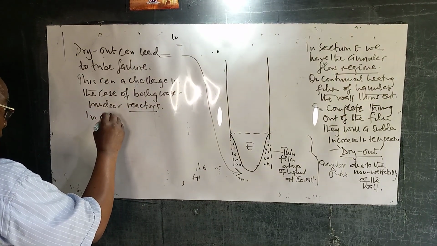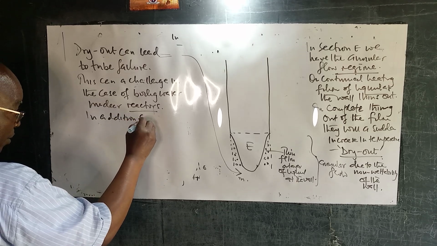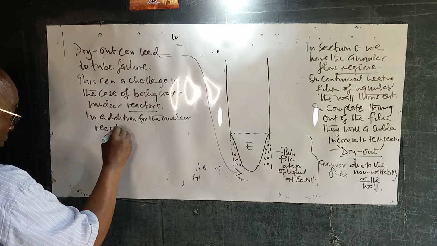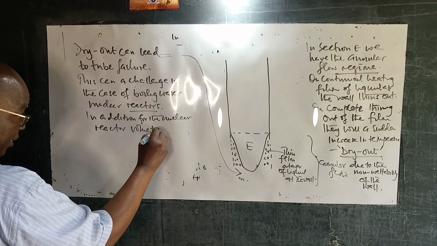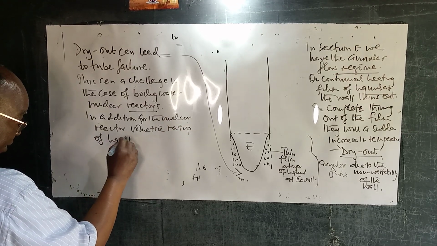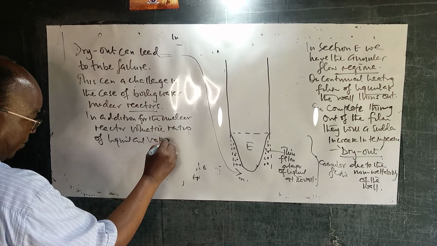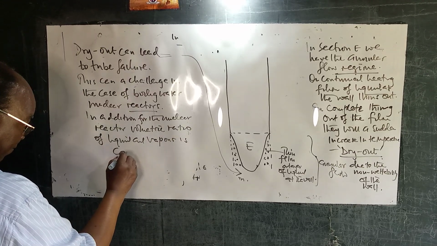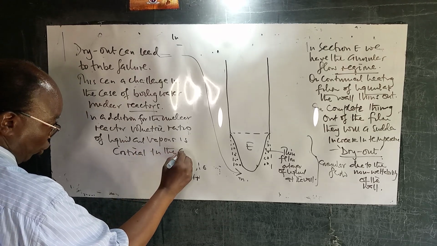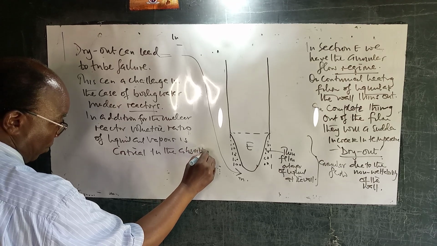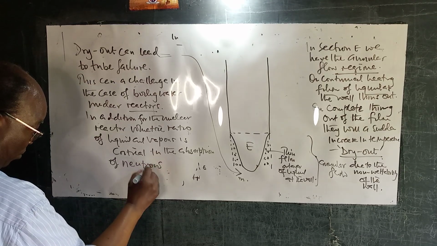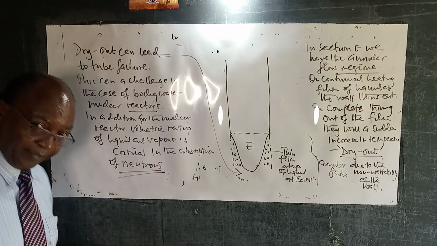In addition, for the nuclear reactor, the volumetric ratio of liquid and vapor is critical in the absorption of neutrons. The absorption of neutrons. It's very critical.